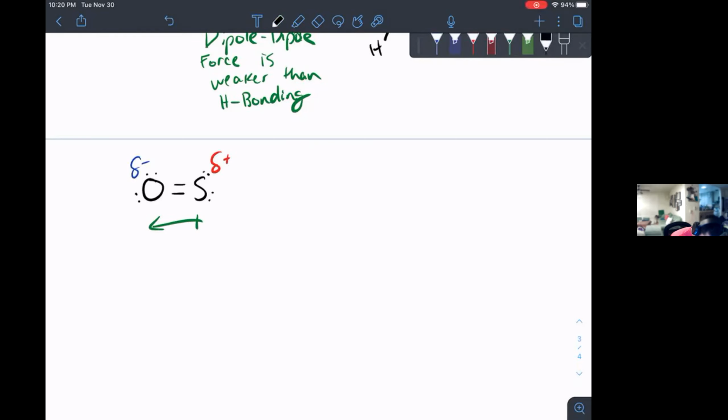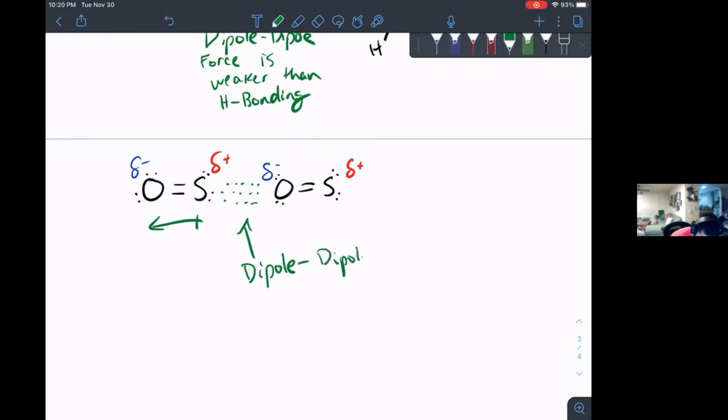And if we have another OS right next to it, we're going to get a dipole-dipole. So anywhere where we have a dipole moment represented by our vectors, we will have a dipole-dipole bond possibility almost.